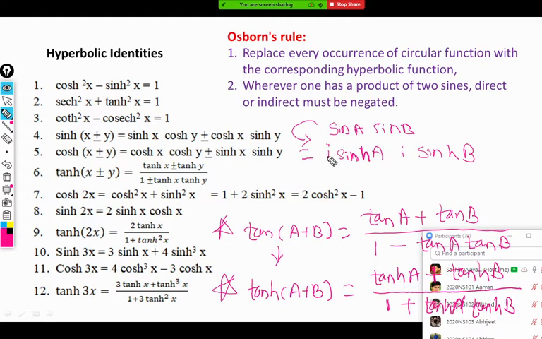So I into I is I square, which is minus 1. Because of that, we say you just have to change the sign where there is a product of sine functions. I hope you got all these things.